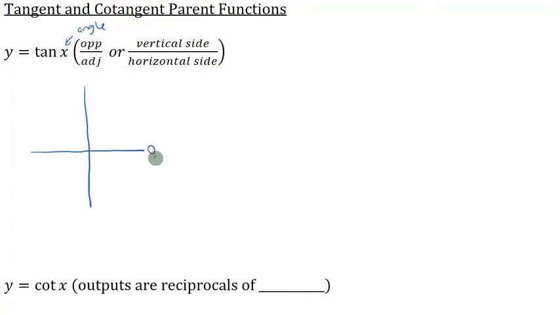So if we start here at 0, the angle 0, the tangent of 0 is the vertical piece, which is 0 in this case, divided by the horizontal piece, which is, again, if we're assuming a radius of 1 or a hypotenuse of 1, that would be 0 divided by a horizontal piece of positive 1, which is 0.